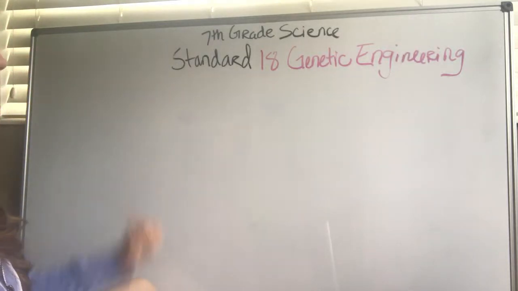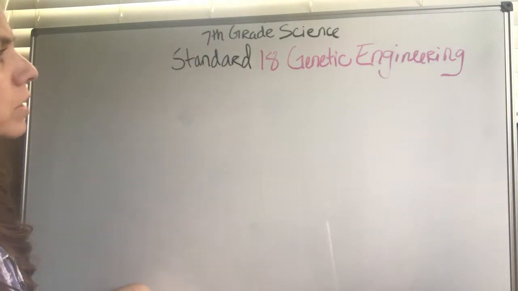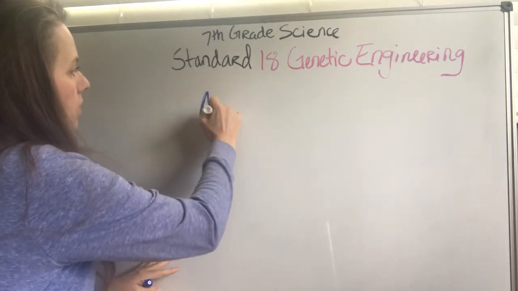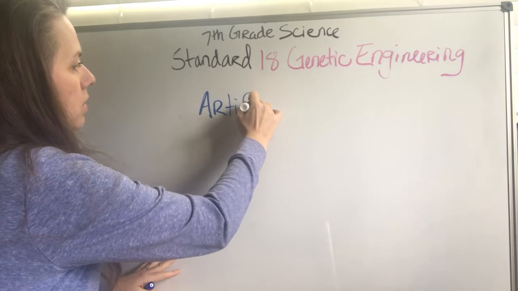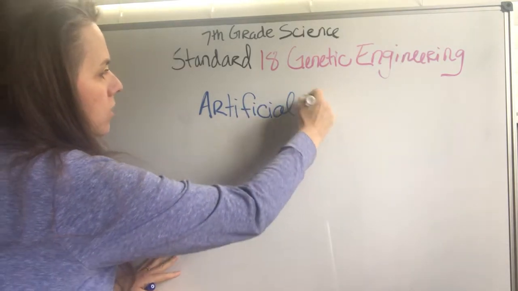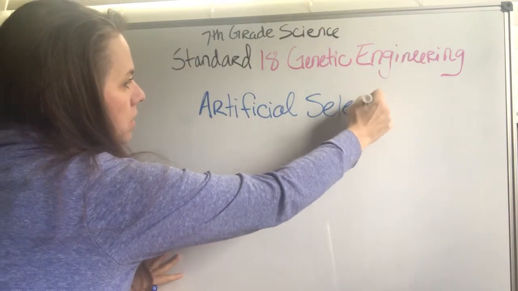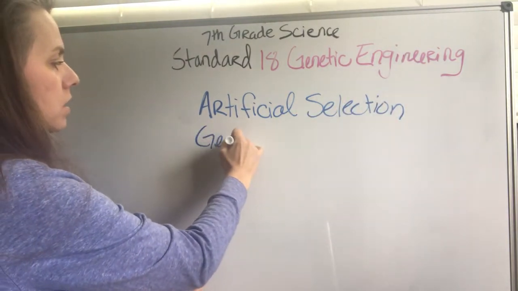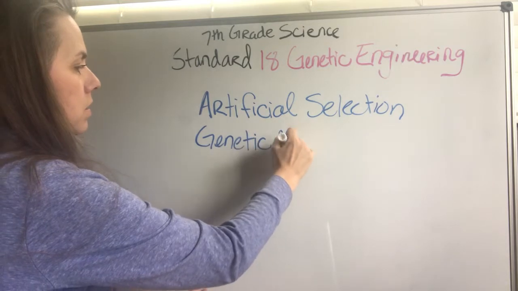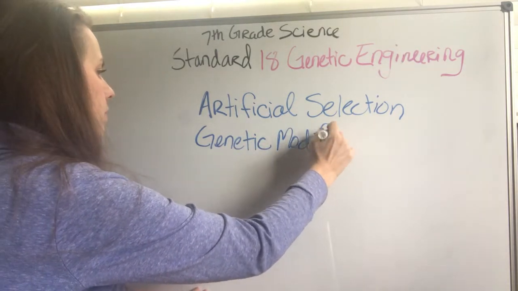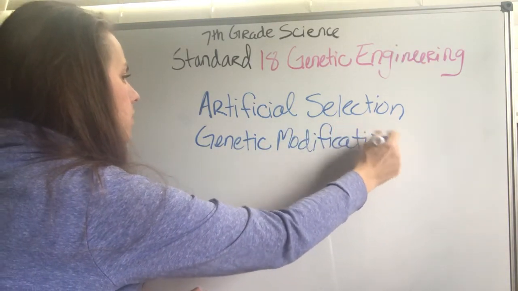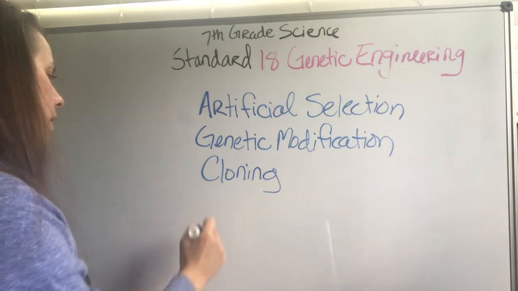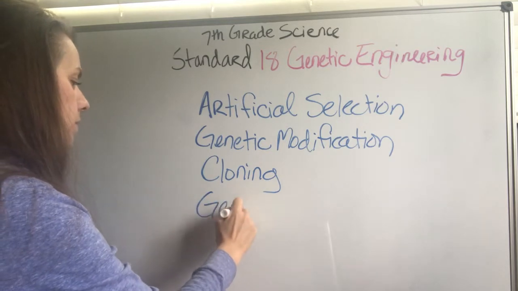Standard 18 is genetic engineering, and it has 4 types that we talked about: artificial selection, genetic modification, cloning, and gene therapy.